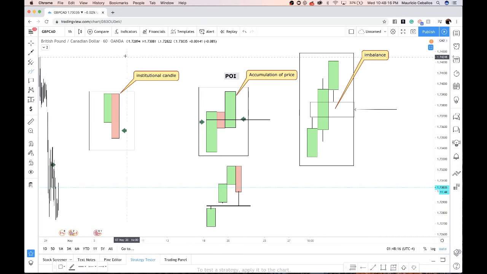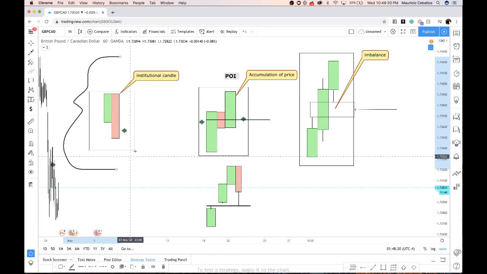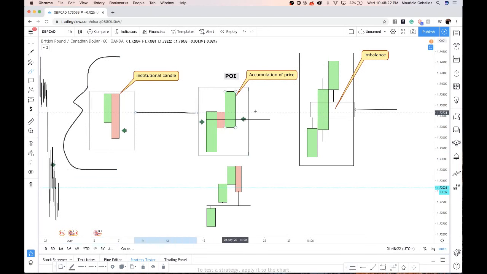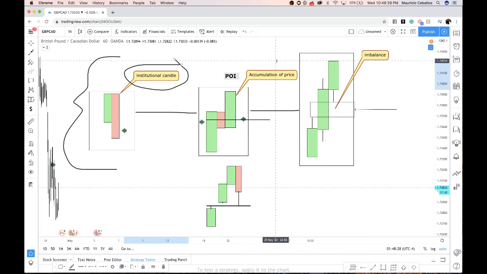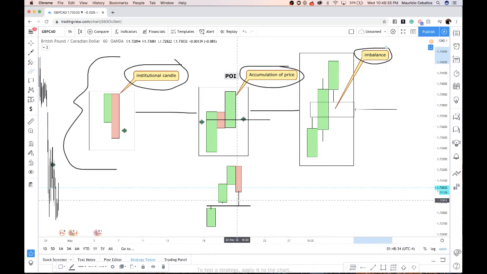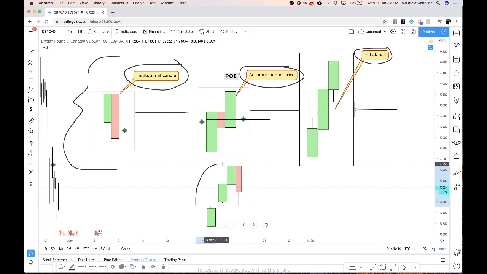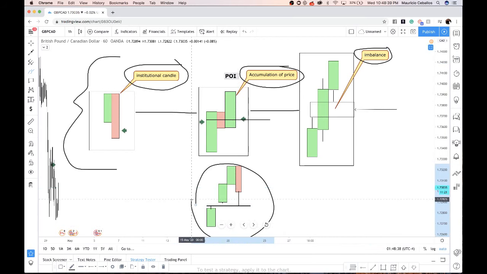All these three that I just mentioned, this one, and this one, act as magnets. Our institutional candle, our accumulation of price, and our imbalance act as magnets, as well as our gaps. All these act as magnets for the market to come back into and have those retracements.